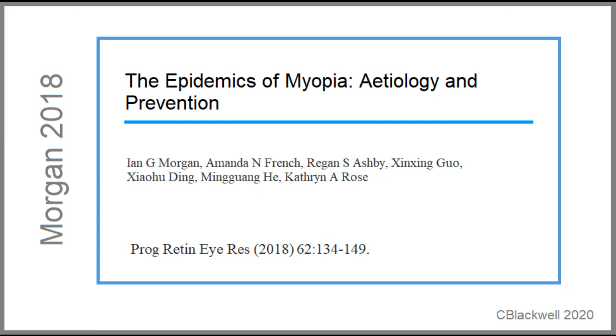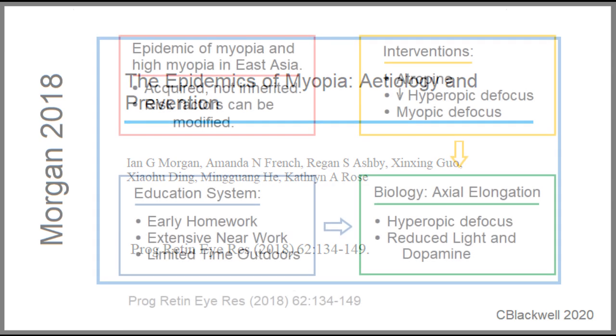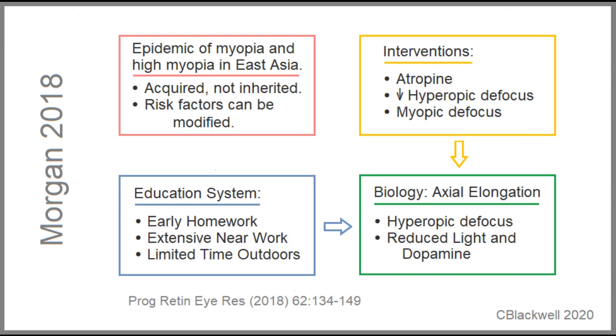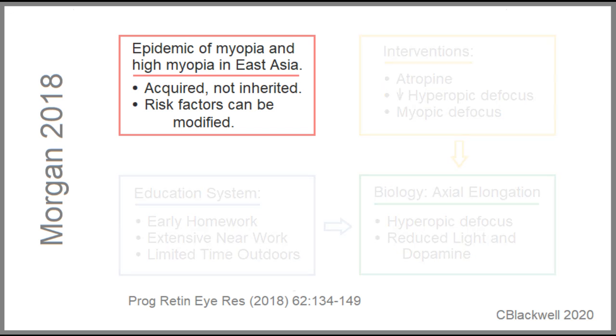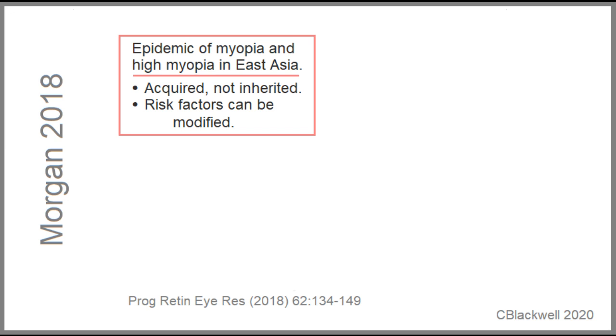We conclude our exploration of myopia with a broader perspective from a review by Morgan and an assembly of all-star authors. Here is how these authors analyze the world increase in myopia. There is an epidemic of myopia in Asia with attendant high myopia. High myopia having potential sight-threatening consequences.